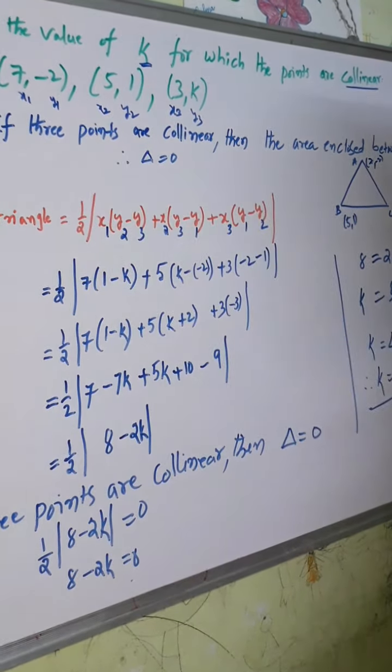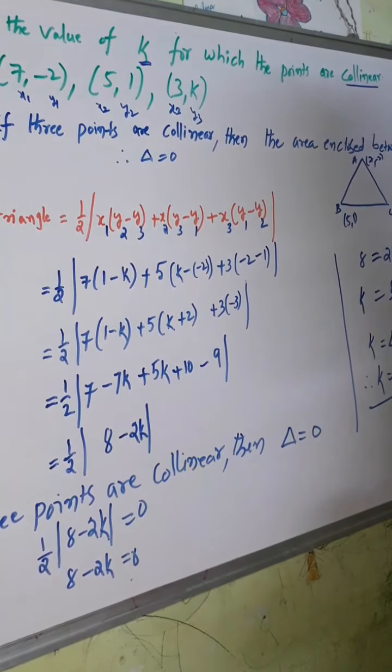This is the formula of the area of a triangle. Now write here x1, y1, x2, y2, x3, y3. Substitute these values in this formula. First of all, substitute, then simplify in the brackets. This is the area of the triangle.